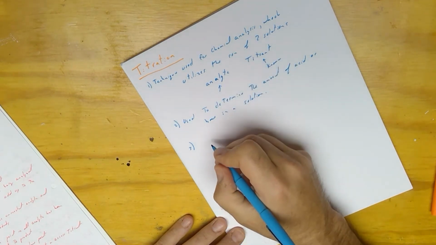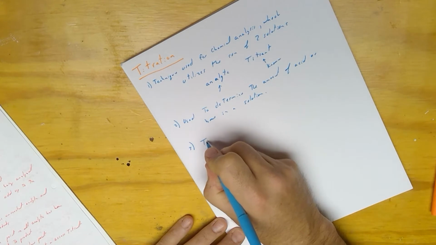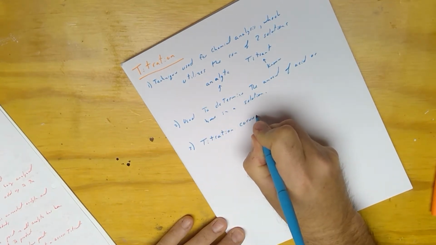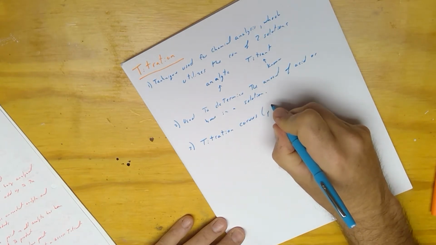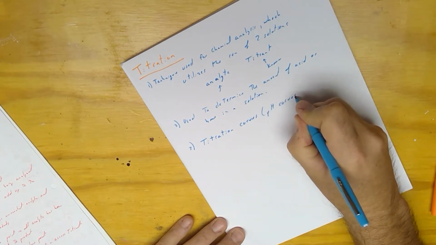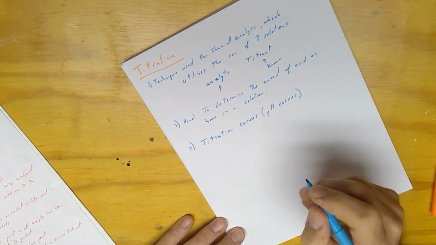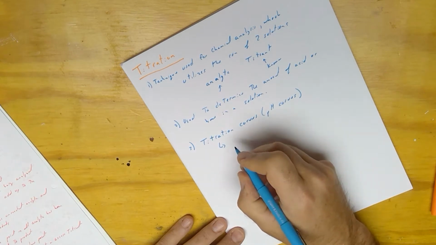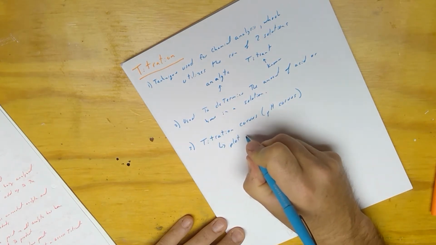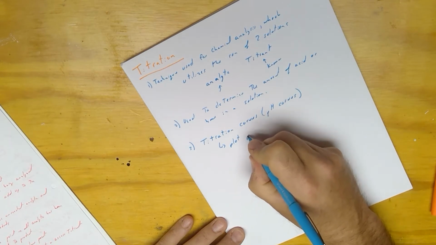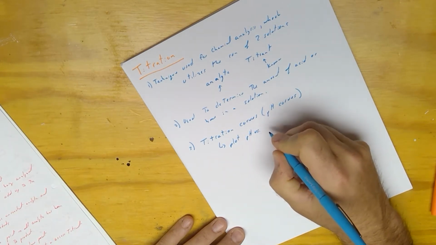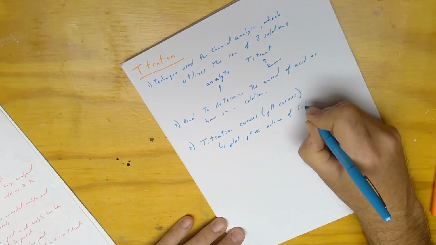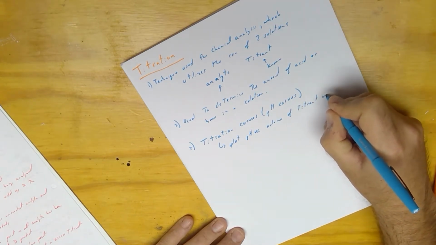This data will actually form titration curves. Sometimes they're called pH curves. And when we're making a titration curve, we're going to plot pH versus volume of titrant used.